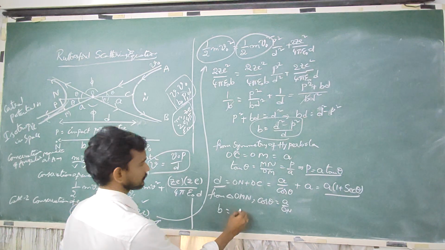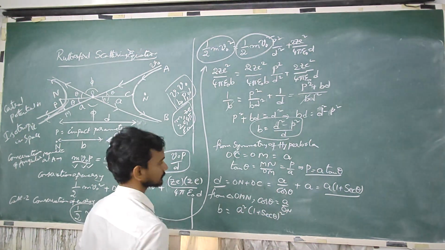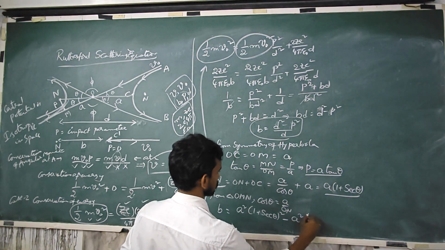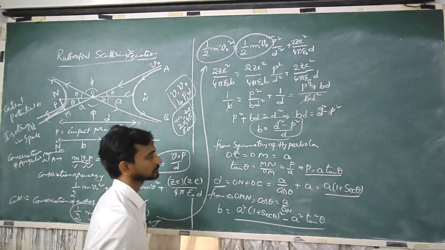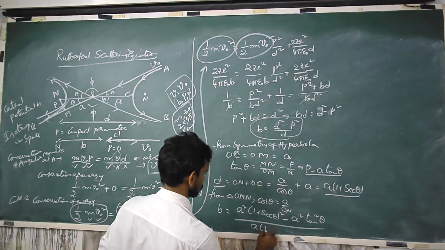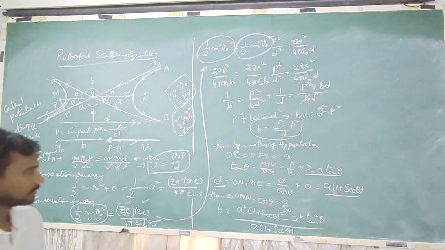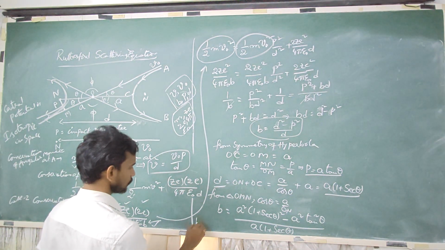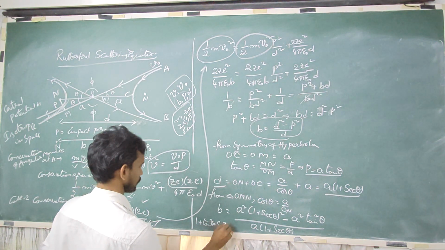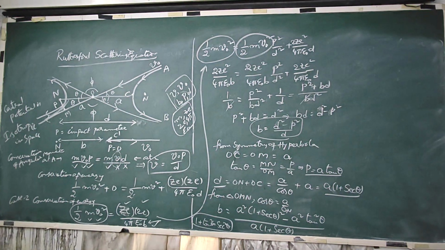D square is a square times 1 plus secant theta whole square, minus p square, a square tan square theta, by d, a into 1 plus secant theta. So what do you know? 1 plus tan square theta is equal to secant square theta. You can use that and simplify that equation.